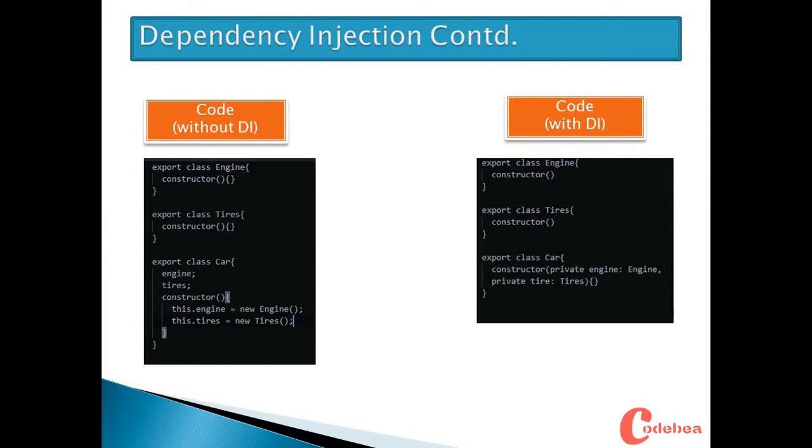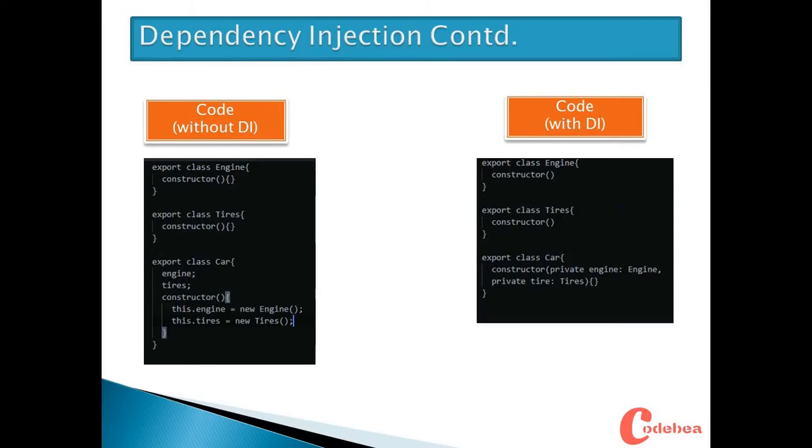Now let's suppose the code with DI. Here also I have defined the two dependencies for the car, one is engine and the other is tires. But now the car class is not creating the dependencies, engine or tires.